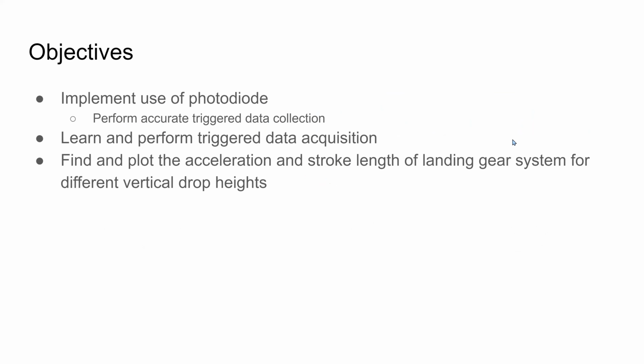So our objectives are to implement the use of a photodiode by shooting a laser into a mirror, and then when we drop the landing gear and the landing gear interferes with the laser, that's when a trigger is set off, and that's when the data will be recorded.